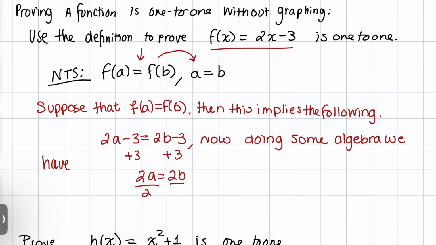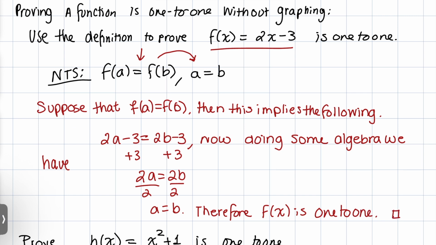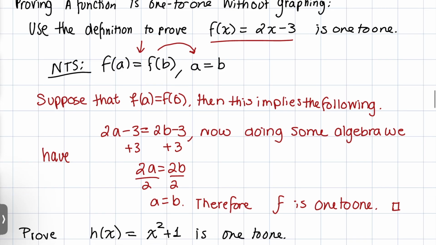Divide by 2, divide by 2, a equals b. Therefore, f of x is 1-to-1. And we can put our little tombstone. You could also just say f is 1-to-1 because technically that's the name of the function. F is 1-to-1. Okay, so you just have to do some algebra and kind of explain your steps, really.